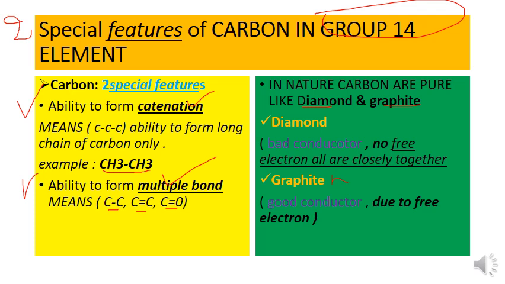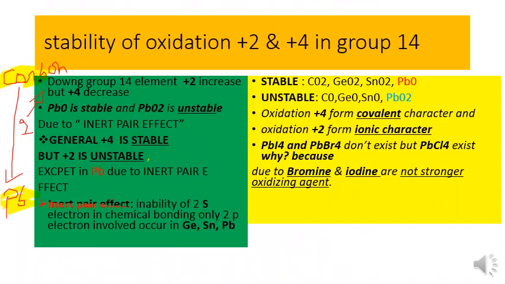We are continuing in group 14. Another key point you have to know is the stability of the oxidation states +2 and +4 in this group. Down the group, the oxidation state +2 increases in stability, whereas the oxidation state +4 decreases.